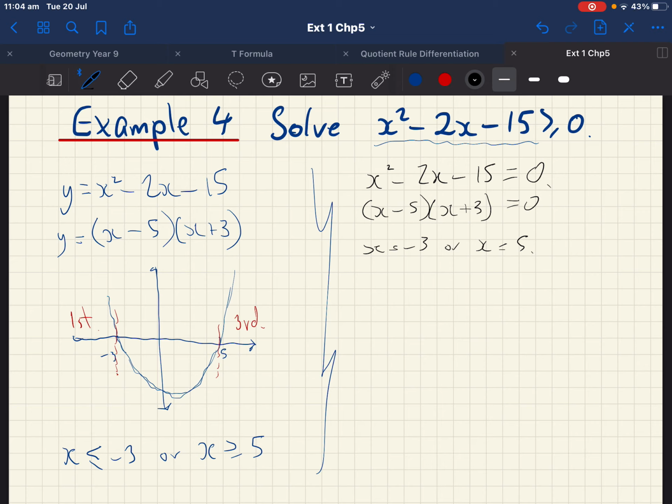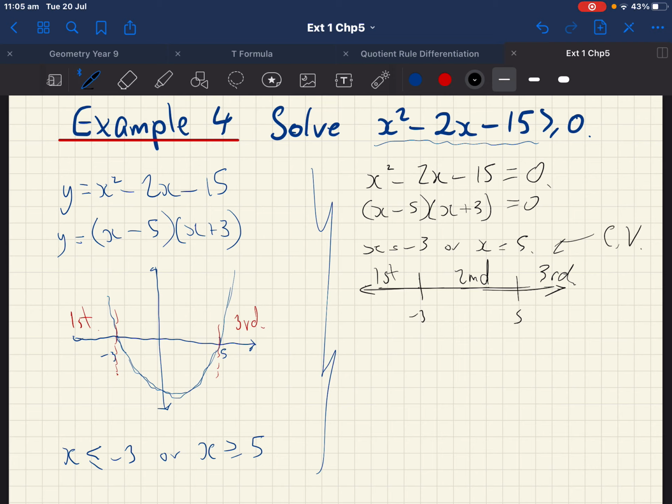So these are our critical values or critical points. These critical points break the number line up right here at -3 and over here at +5 into 3 different regions.